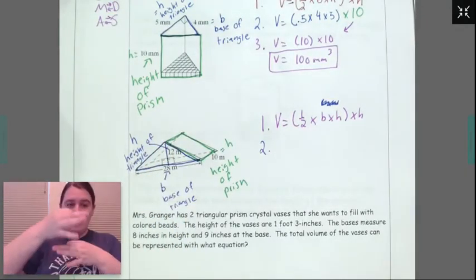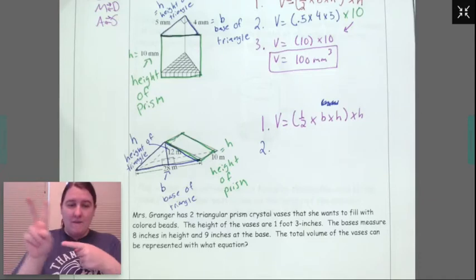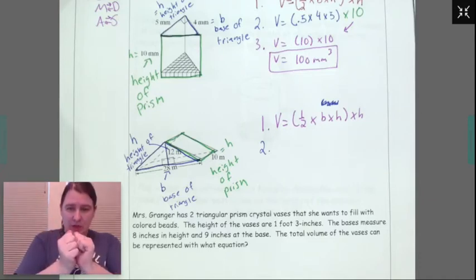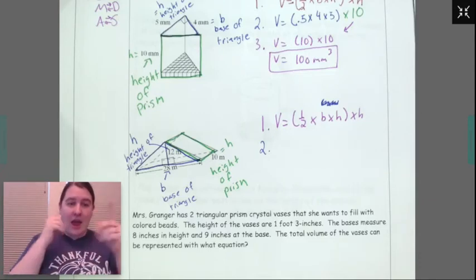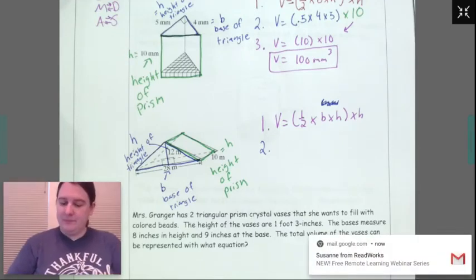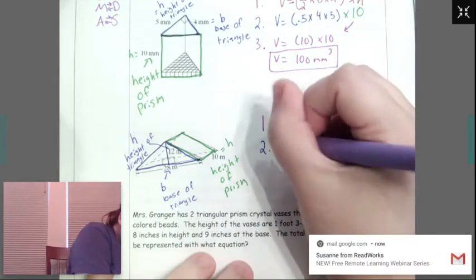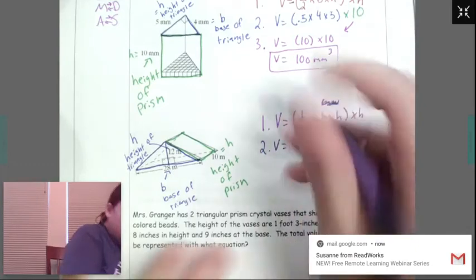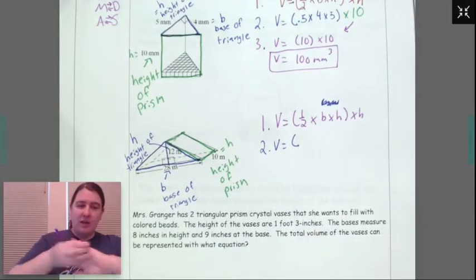Alright, so now I replace my variables with numbers. I have them all labeled, so it will be easy. I'm changing that 1/2 to become 0.5.